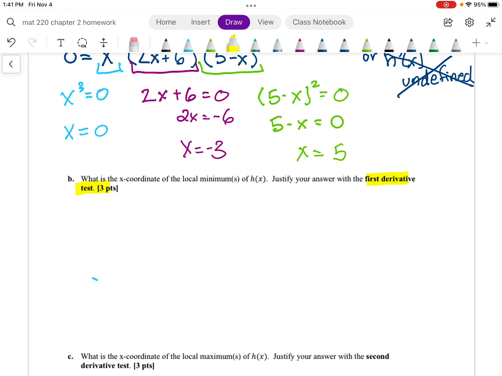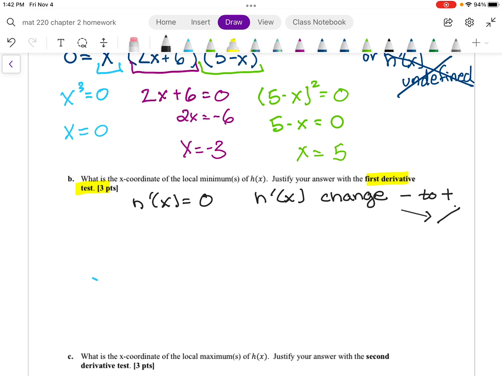And to be a local minimum, we know we're looking for places where h prime of x equals 0, and that h prime of x would need to change from negative to positive, because that means the graph of h would be going from decreasing to increasing.